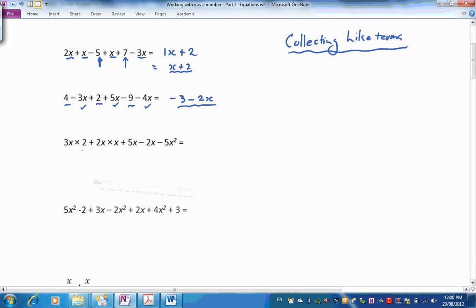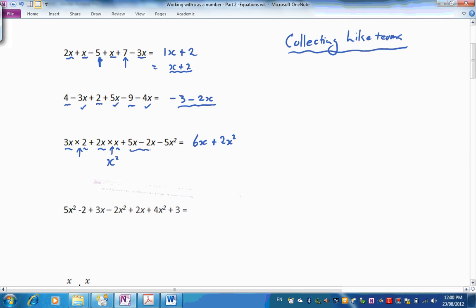Right, let's have a look here. In this problem, the timesing sign is a bit confusing. We have 3x times 2, or 2 lots of 3x, that would be 6x. Now we've got a timesing here, 2x times x. Oh, a number times itself is the square. So that will be plus 2x squared.